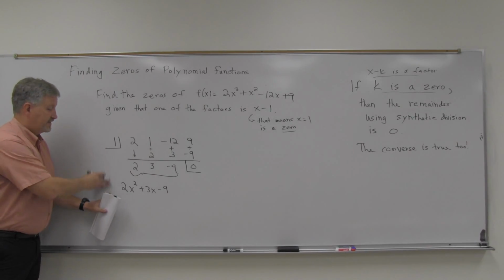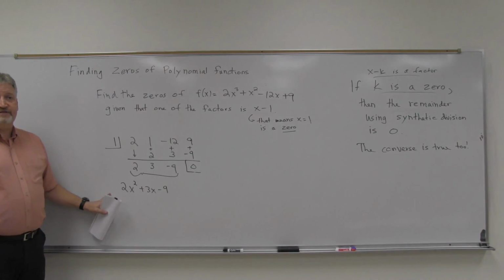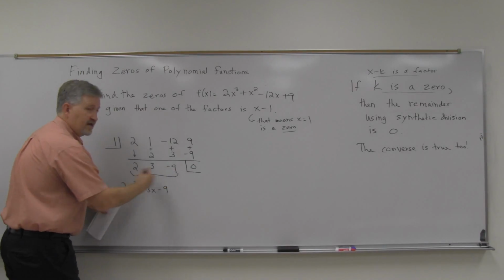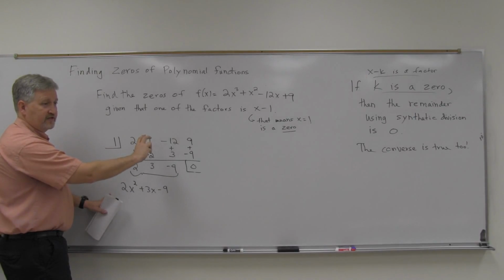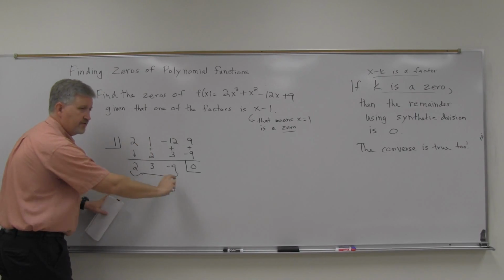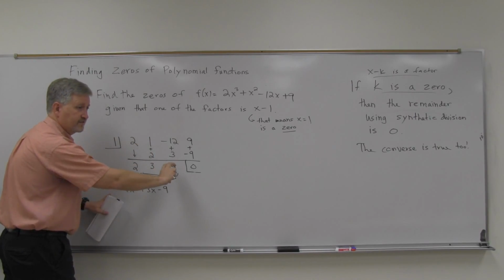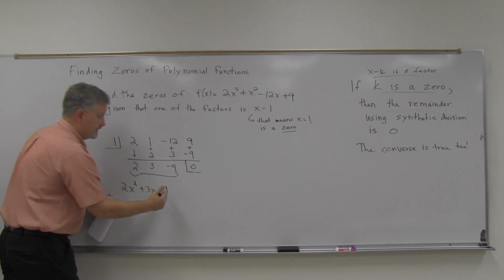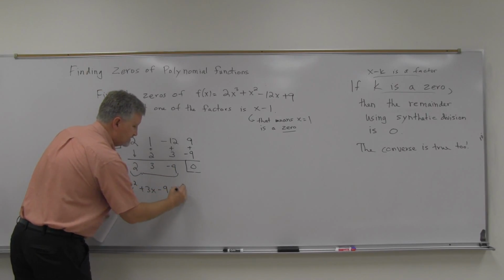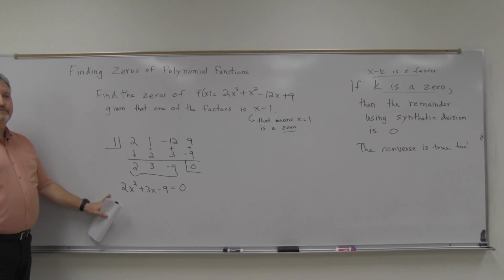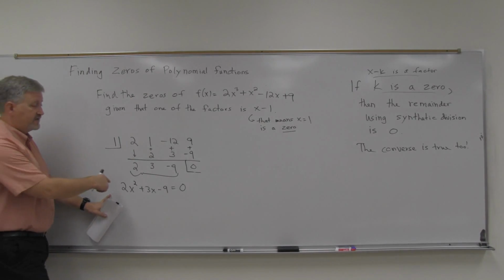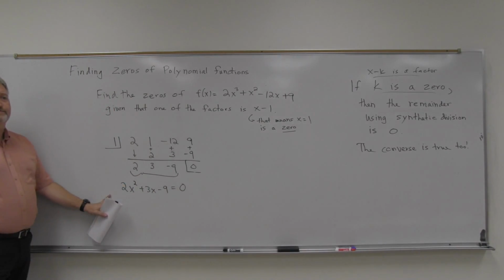Because if this is a factor, set that equal to 0. So step 1 is use synthetic division. Step 2 then is take the coefficients of the quotient, put them in there, and then set that equal to 0. Now we solve this, and that'll find our other zeros. With me?